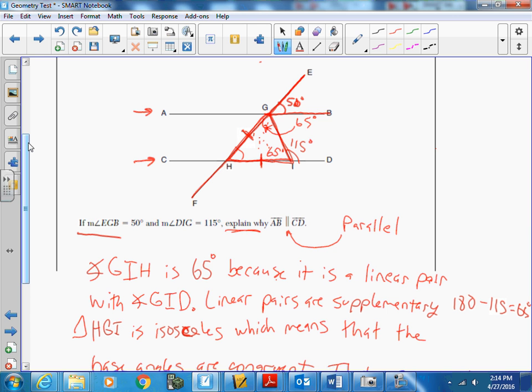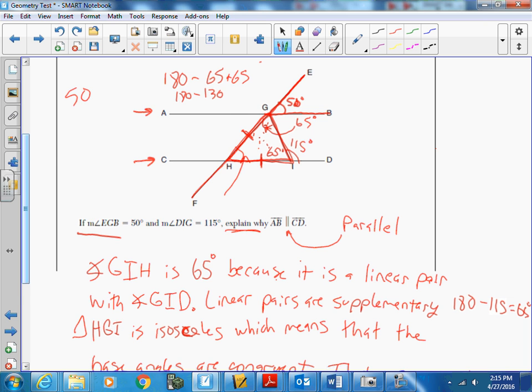So if two of the angles are 65, then this must be what? Remember, 180 degrees in a triangle. So you have two angles that measure 65 each. That means that we have 180 minus 65 plus 65. So it's 180 minus 130. So that is 50.